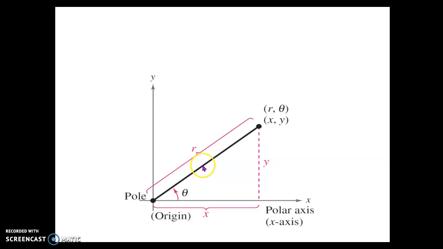The r represents the distance from the pole, and the theta represents the direction. So face that angle and take that many steps, and you'll get to that point.